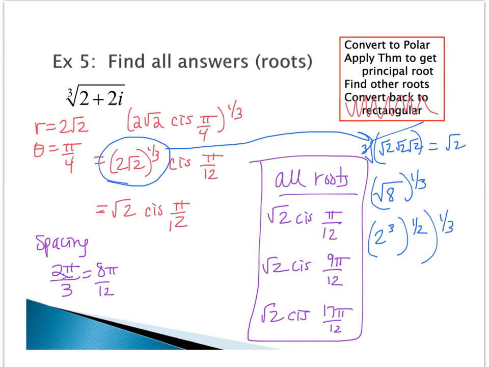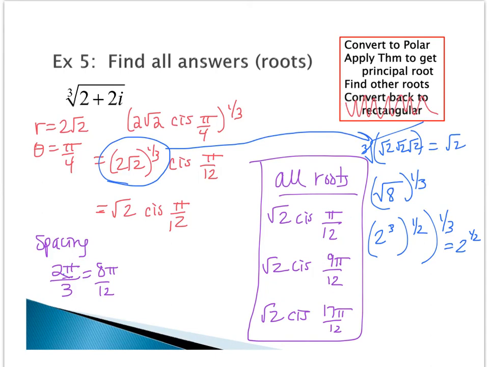If we multiply all those together, we get 2 to the 1/2. So there's a couple different ways that you can think about it. Regardless of how you approach it, I do expect that you can algebraically understand that 2 root 2 to the 1/3 power is root 2.